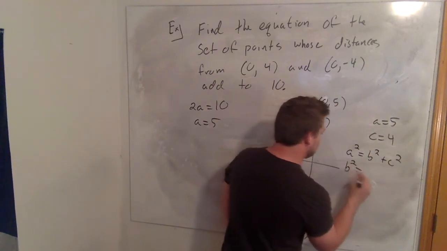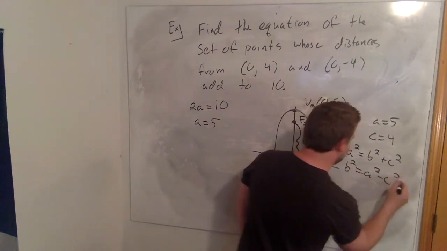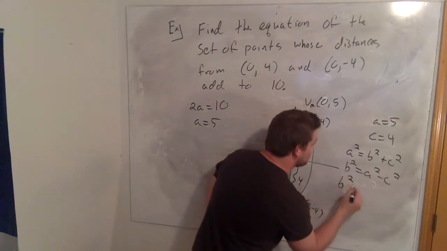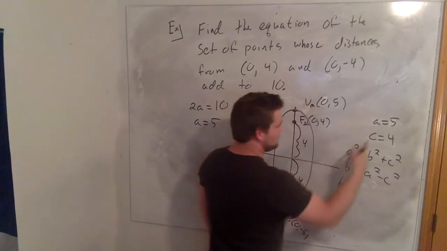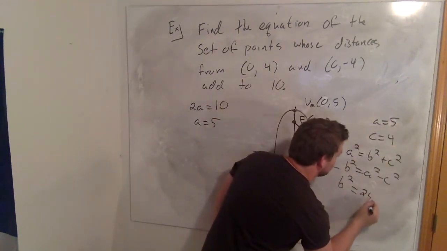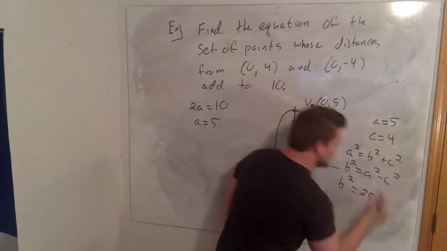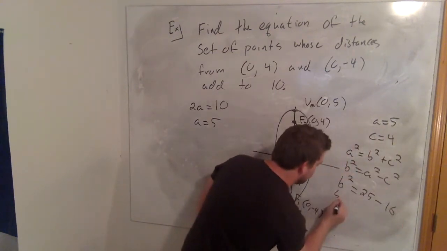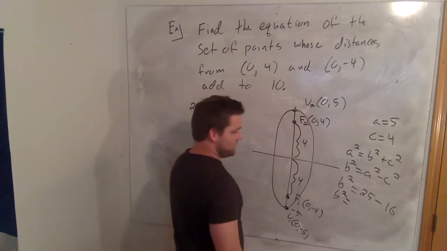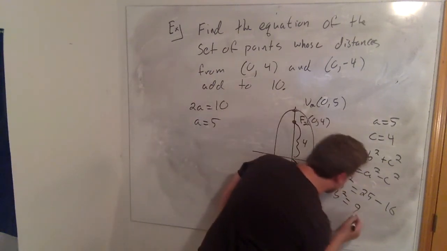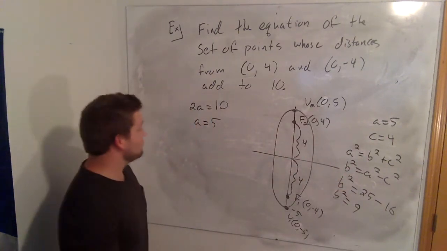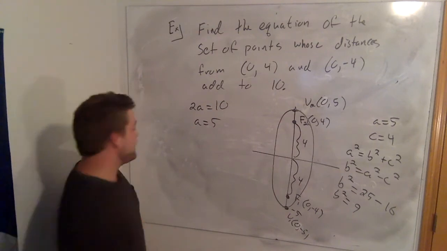So b squared will be equal to a squared minus c squared. So b squared is going to be equal to 5 squared, 25, minus 4 squared, 16. So b squared will be equal to 9, or b would be 3. But we really just care about what b squared is.